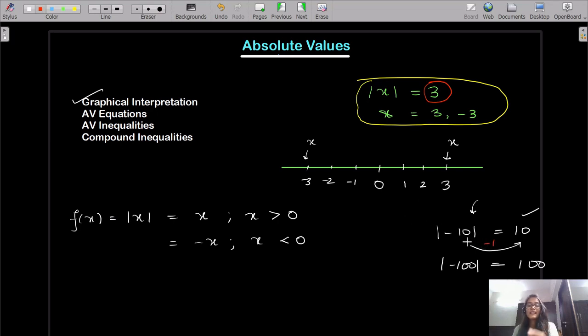So if I multiply negative 10 by negative 1, I'll get a positive 10. And if I multiply negative 100 by negative 1, I'll get a positive 100. So that's why whenever your x is negative, you have to multiply it with negative 1. And that's why you get negative x here.